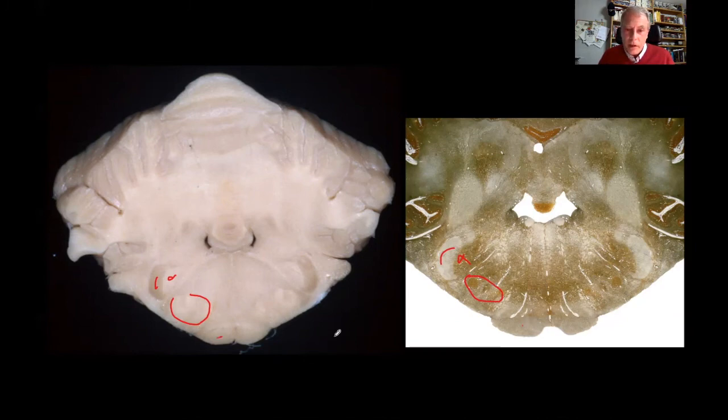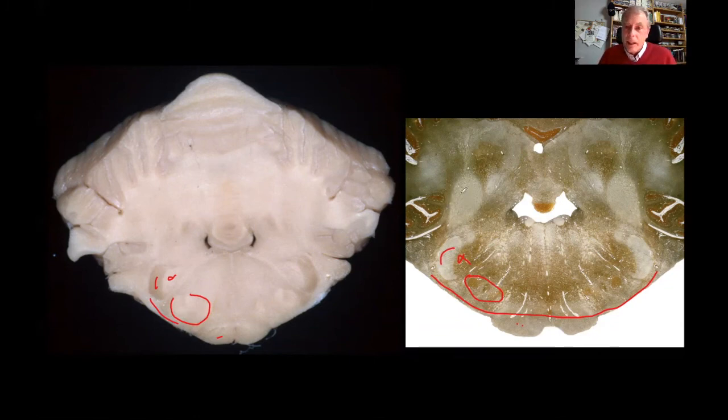The pyramids here, and these transverse fibers, they form the trapezoid body, okay? These white transverse fibers have the ventral nuclei of the trapezoid body. This is the dorsal nuclei of the trapezoid body, formerly known as rostral olivary nucleus, right?